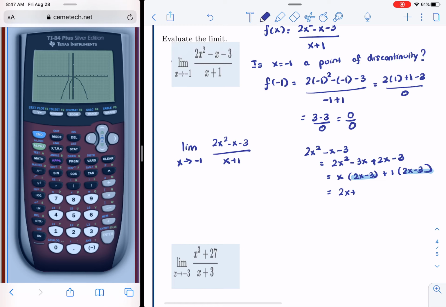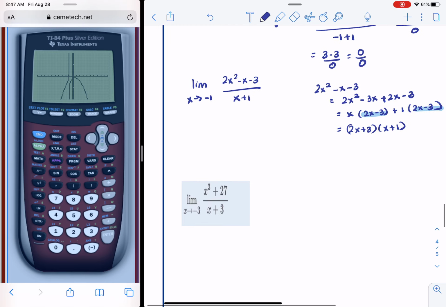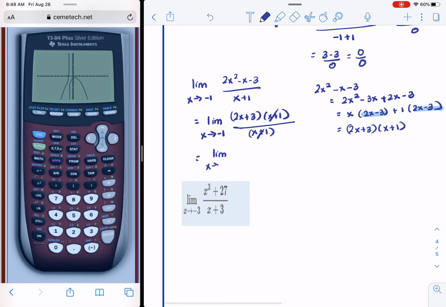So if I pull that out, we have x plus 1. So I could rewrite the function like so, and those two would go away, and limit x approaches negative 1 of 2x plus 3.